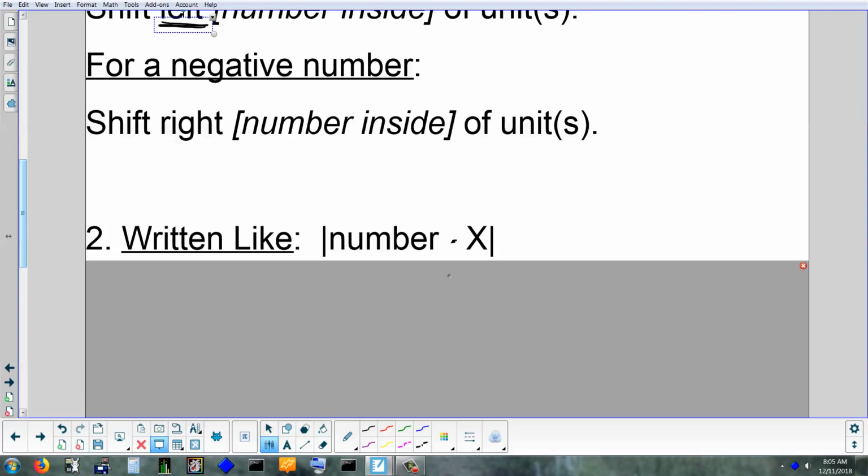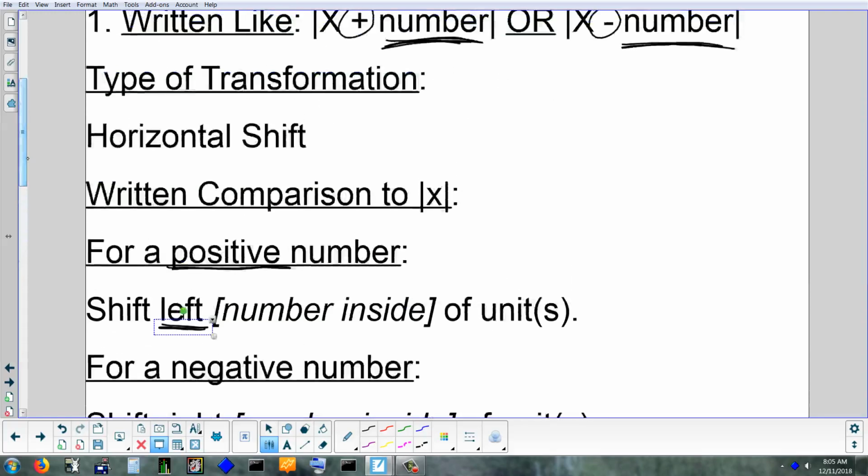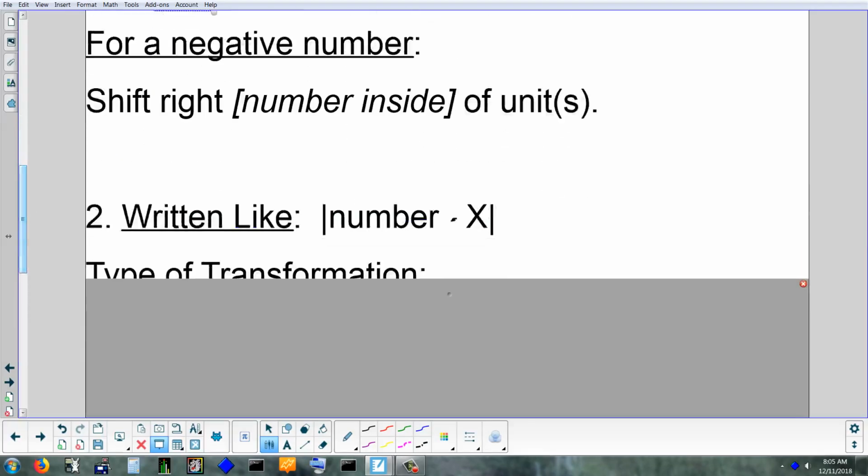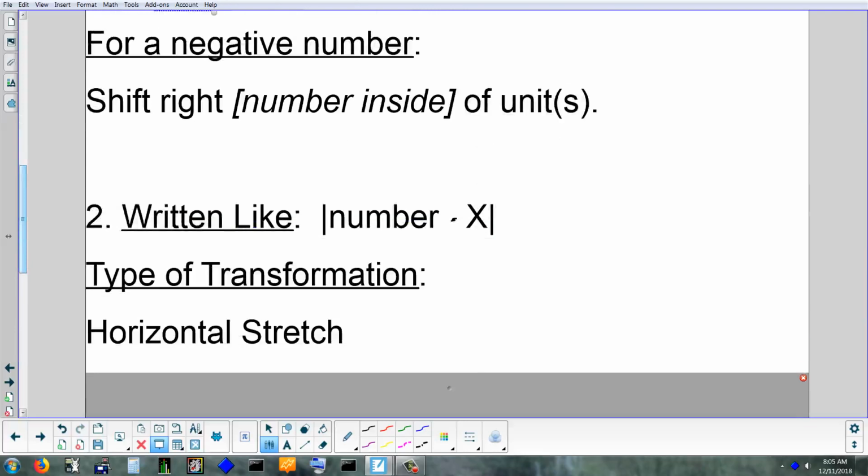Now, you're inside the bars. Whenever you're inside, look at the pattern here. When you're inside, it's horizontal. Stuff that's inside the bars is always horizontal, but it's multiplication, so it's a stretch.